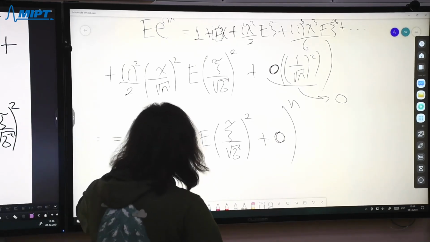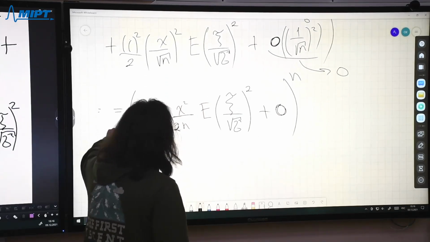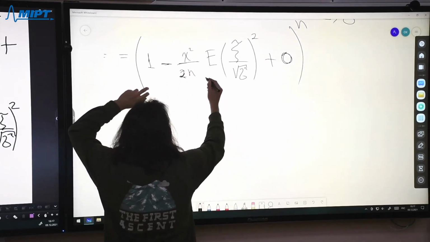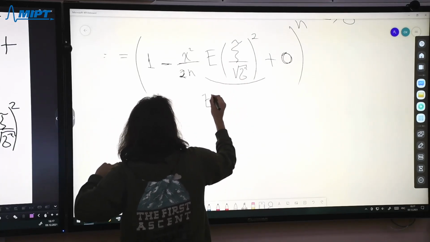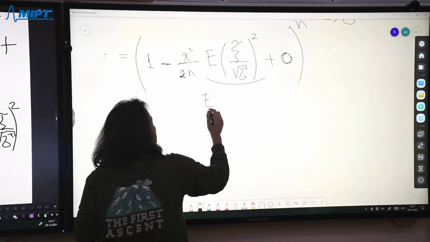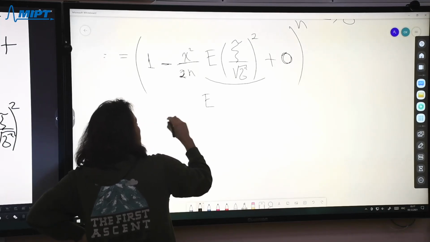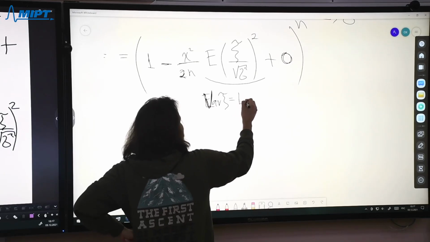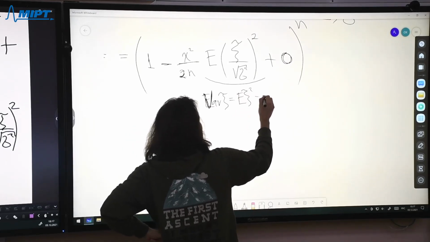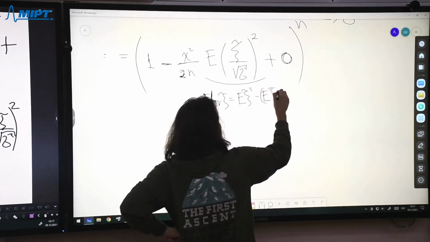So let's look at what we have here. This, the expected value of psi overline squared. Okay, we know that the variance of psi overline is equal to the expected value of psi overline squared minus the expected value of psi overline, all of this squared, right?